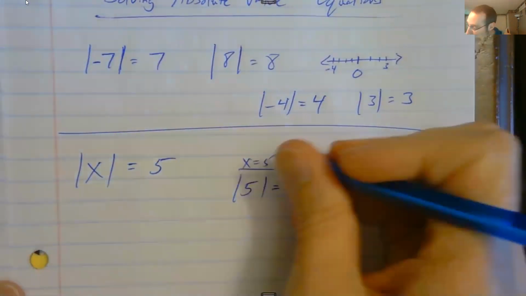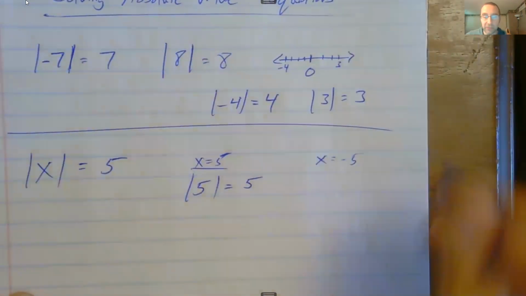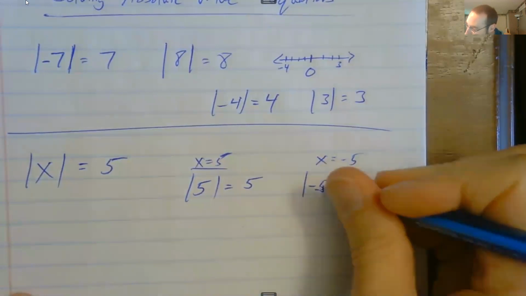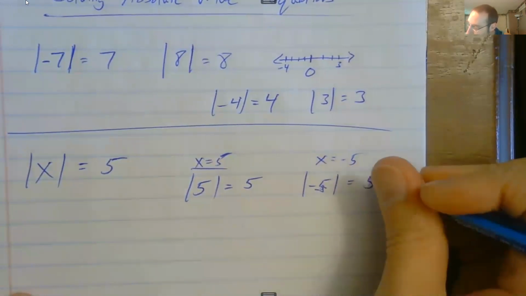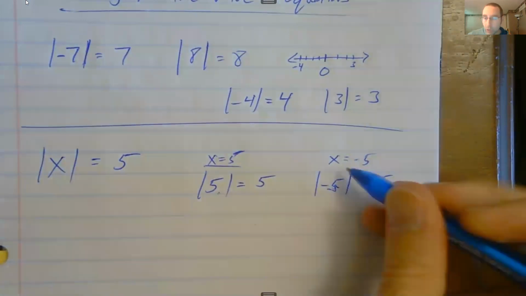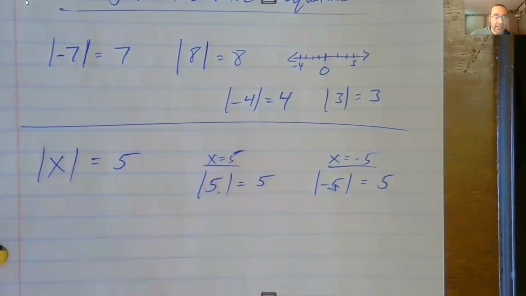And the other thing, which I'm guessing some of you have guessed already, is what if x is -5? The absolute value of -5 removes the negative sign, since -5 is 5 units away from 0. So either x equals 5 or x equals -5 will make this a true equation.